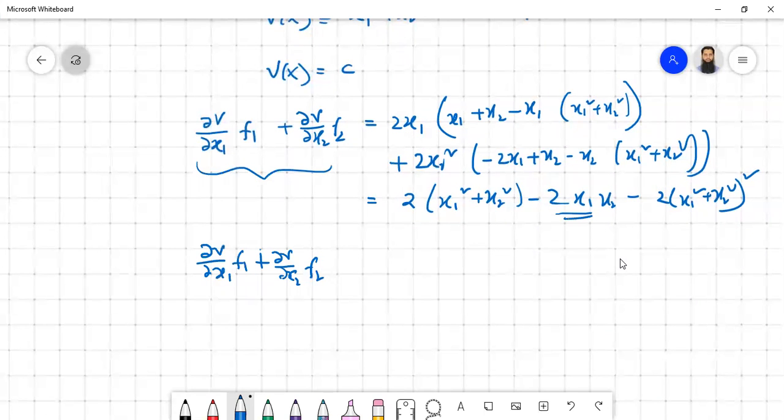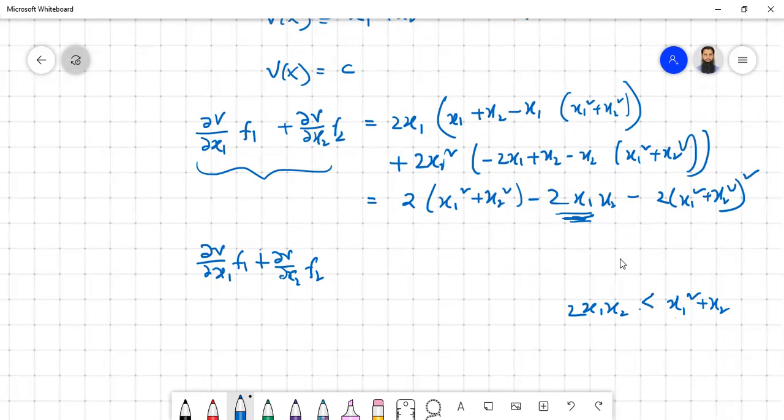this parameter is actually creating trouble. Somehow if we can replace this one by some parameter, so if we can find that x1 square plus x2 square, this parameter will always be greater than twice x1 plus x2.